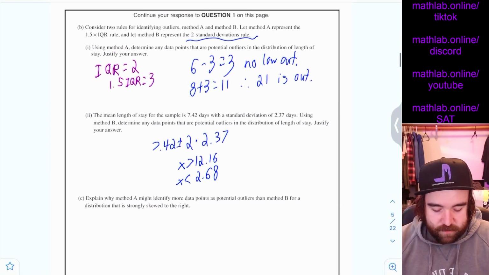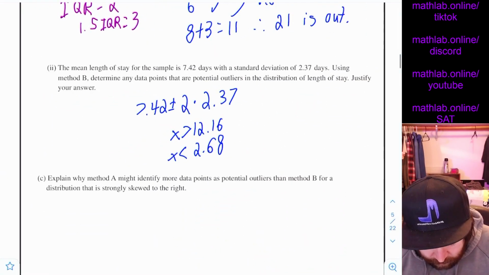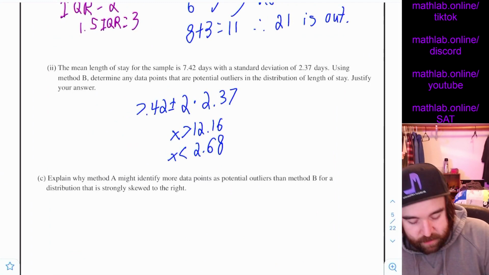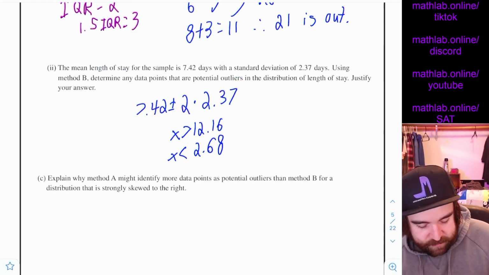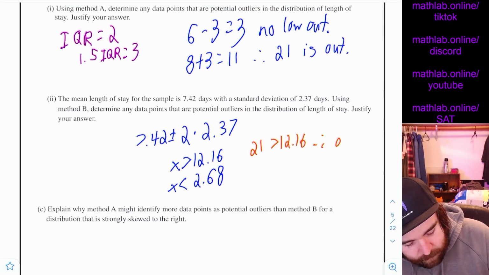Very similar numbers. Determining data points that are just potential outliers, I think this is good. 21 is bigger than 12.16. Therefore, outlier.